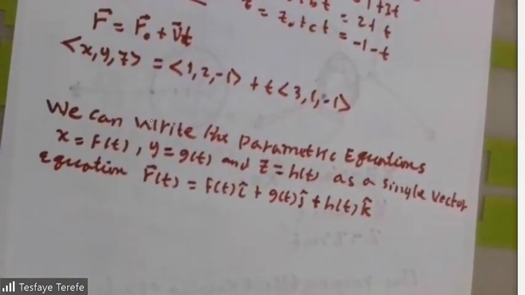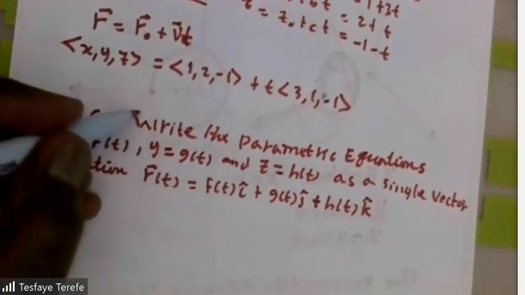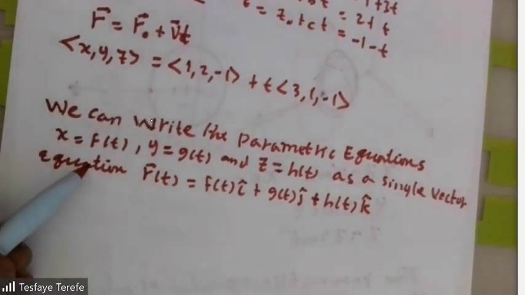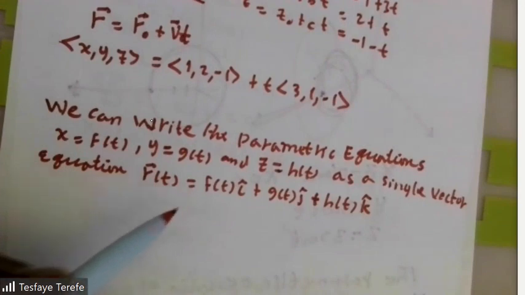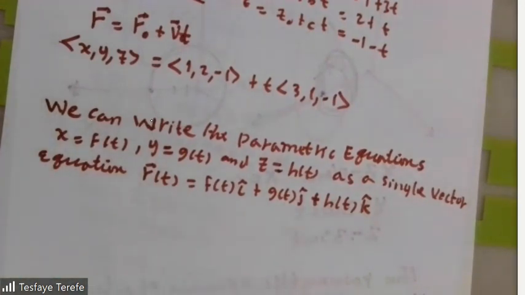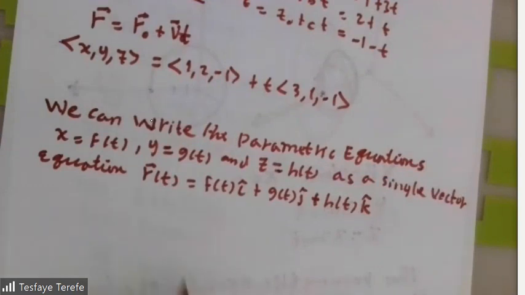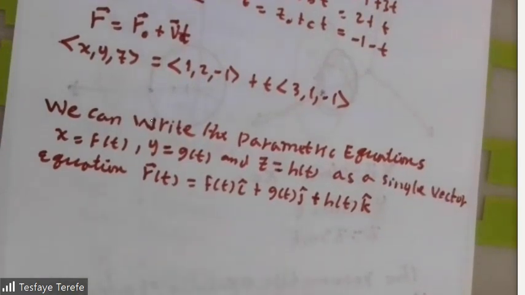So from here, what I'm going to really lead you to is we can write the parametric equations x is equal to f of t, y equals g of t, and z equals h of t as a single vector equation, just like we did here. And this is of this form: r of t is equal to f of t i plus g of t j plus h of t k. And this is called parameterization.